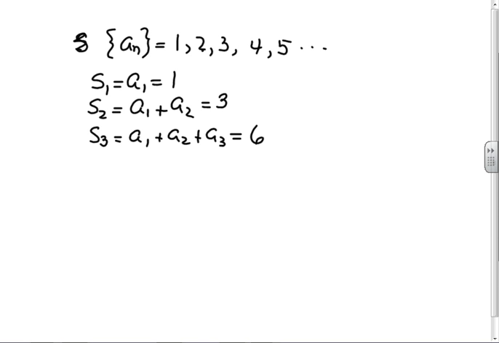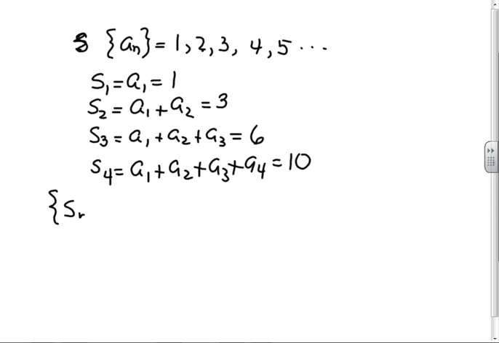Let's do one more. S sub 4 is A4 plus the preceding one. You could do it recursively. It's the one before plus the 4. So it's 10.